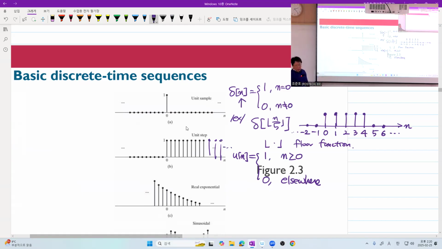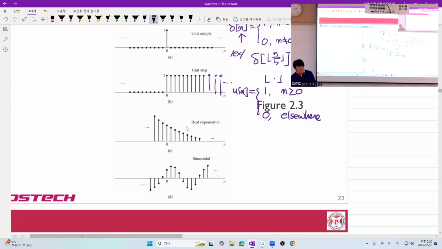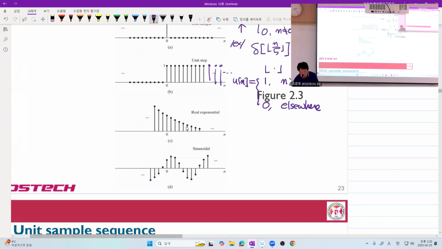And the third one is, for example, the real exponential. So for example, this signal is a to the power of n, and a is real, and in this case must be between 0 and 1. Okay.